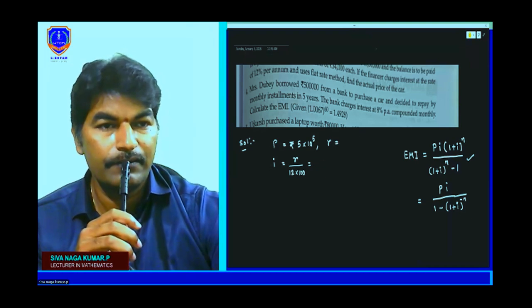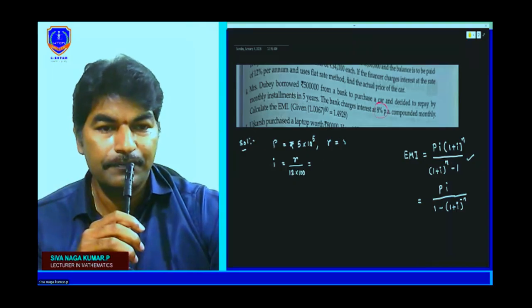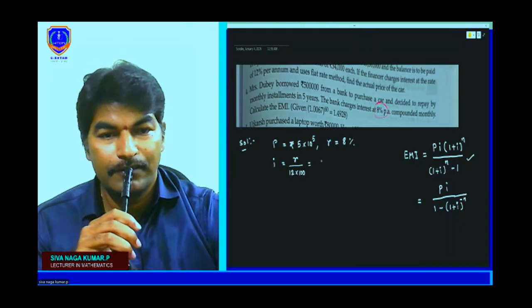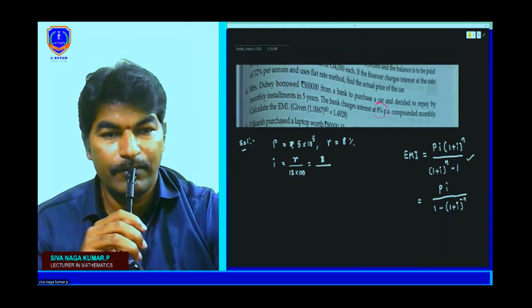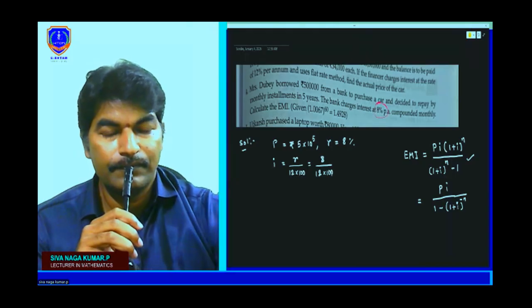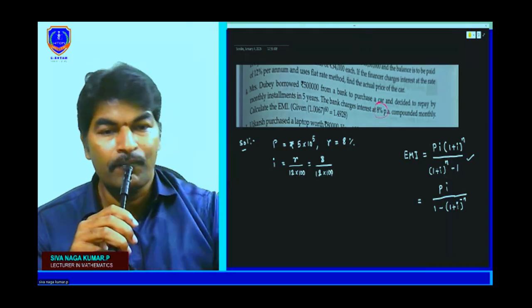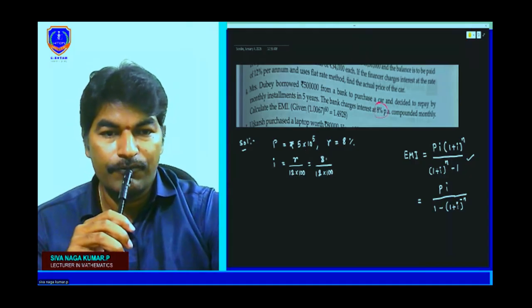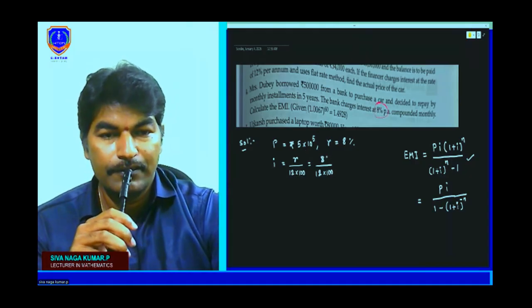Here you can see 8%. Write down 8%. So here also write down 8 by 12 into 100. If possible, perform the cancellations.